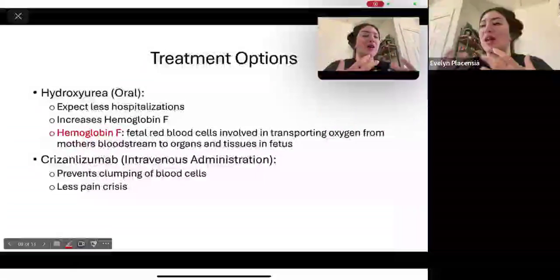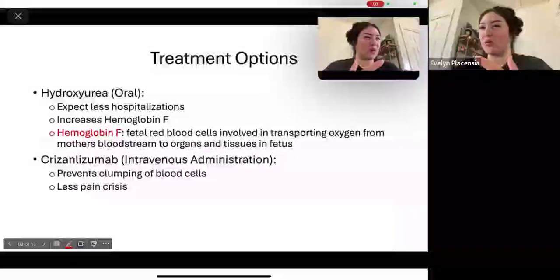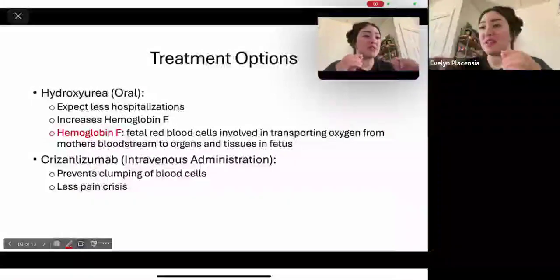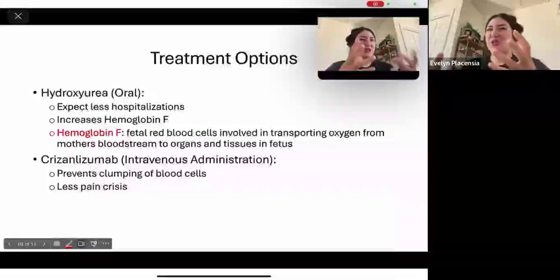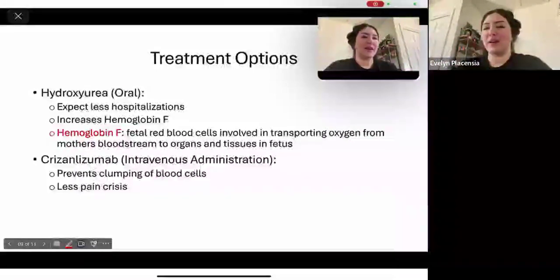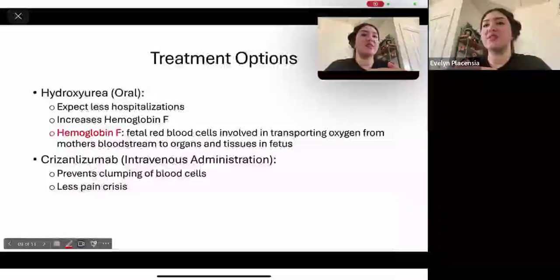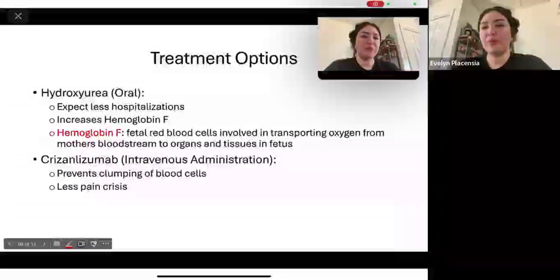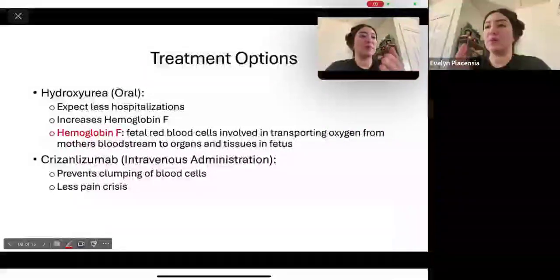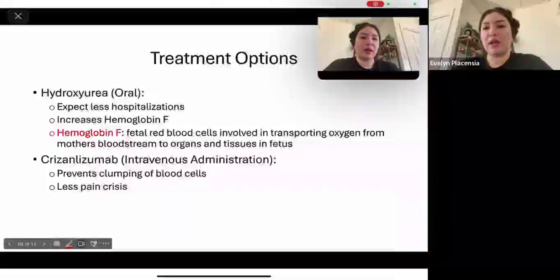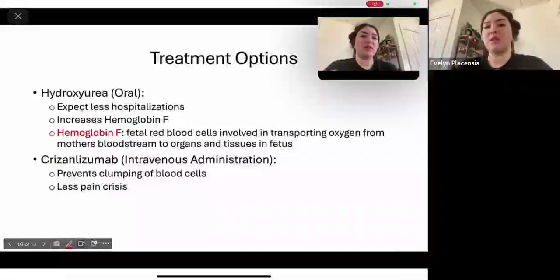It doesn't allow sickle cells to form when you administer this medication. It works by increasing the hemoglobin F, and it's found in abundance in newborn babies. The more hemoglobin F that is present in patients with this disease, the less likely their blood cells are to be problematic.